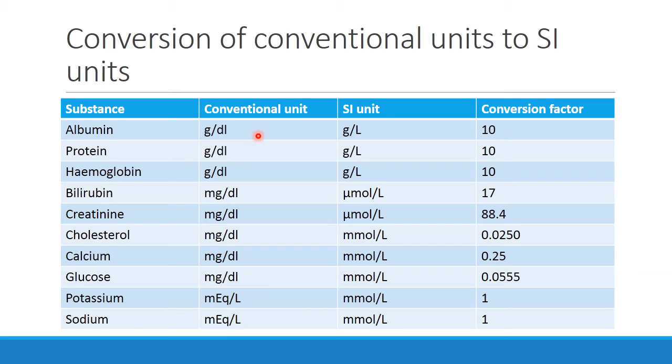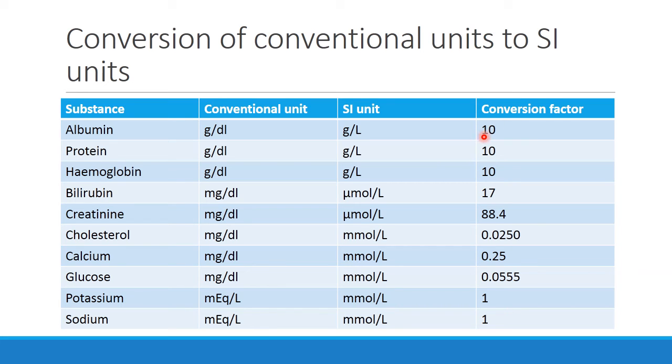Here it is 10 liters and here it is liters. When the higher unit, deciliter, is converted to liter, the smaller unit, you will be getting a conversion factor, that is a multiplying factor will be obtained.